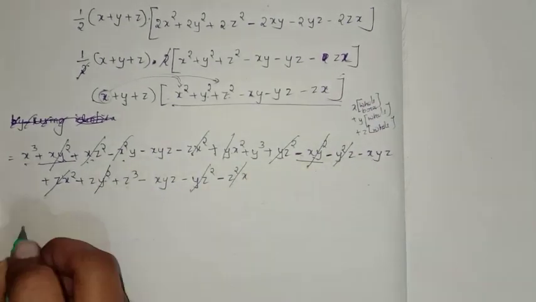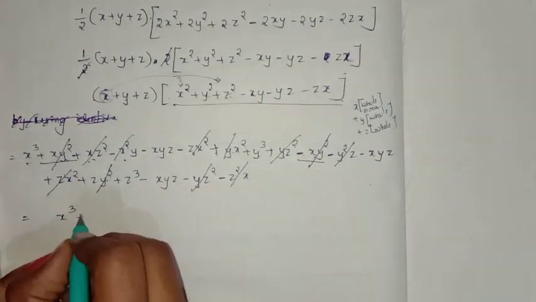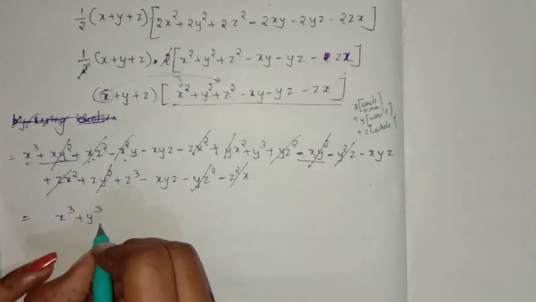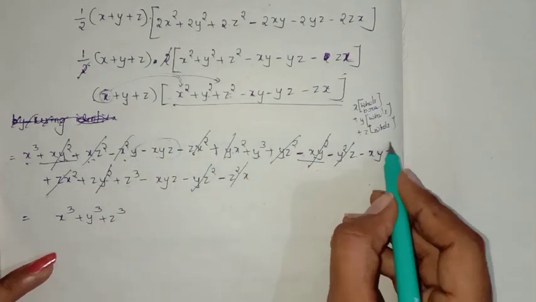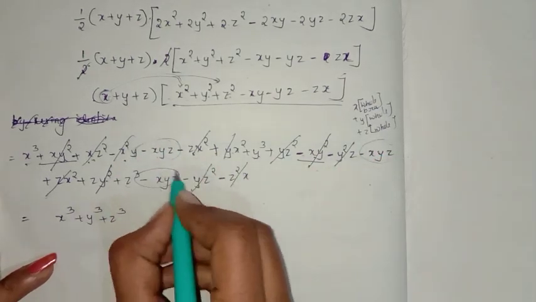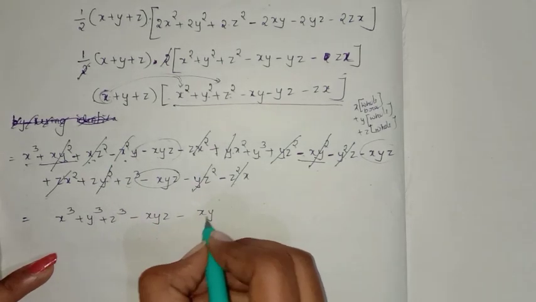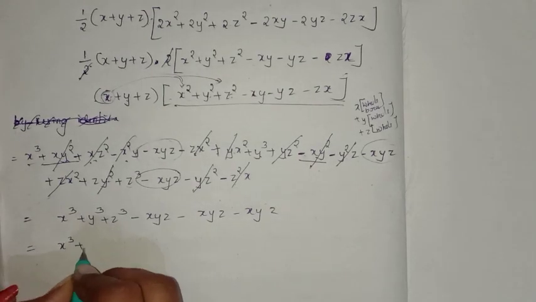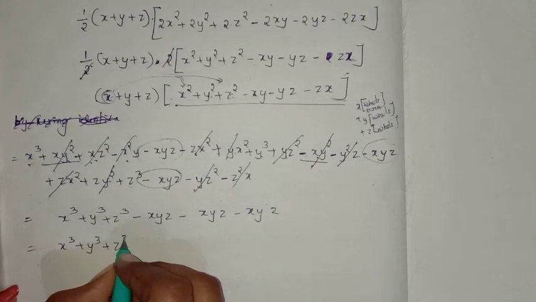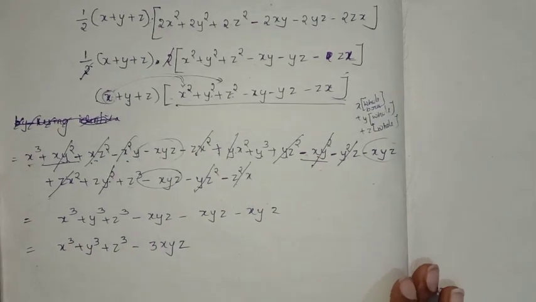And the remaining terms we will write: x cube plus y cube plus z cube, the cube terms first. And here one x y z term is there, second x y z term, third, so you can write minus x y z minus x y z minus x y z, that is x cube plus y cube plus z cube minus 3xyz.